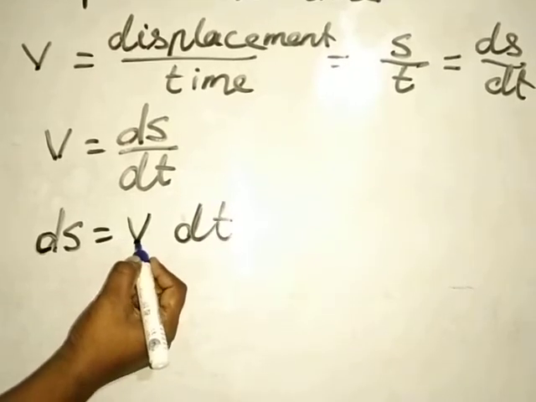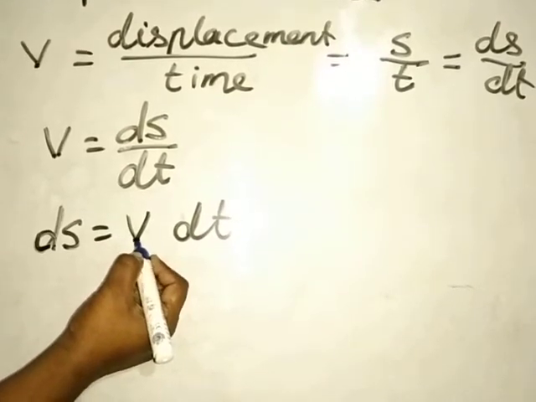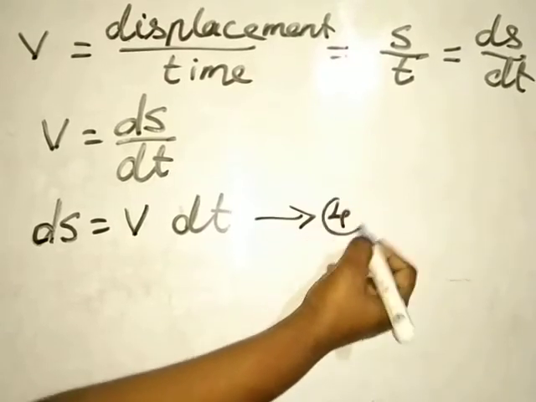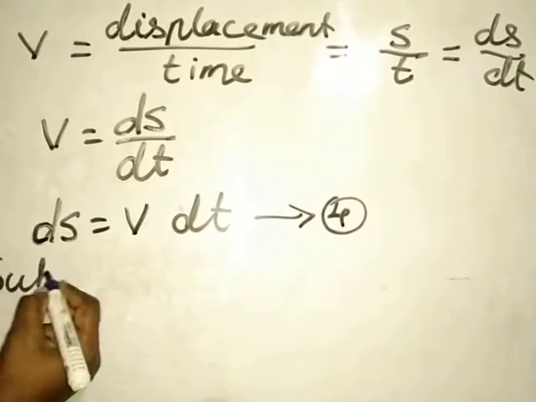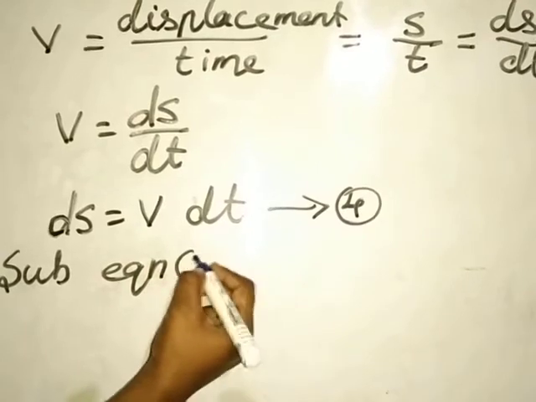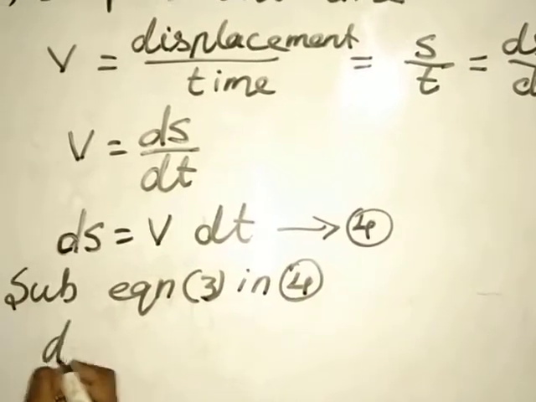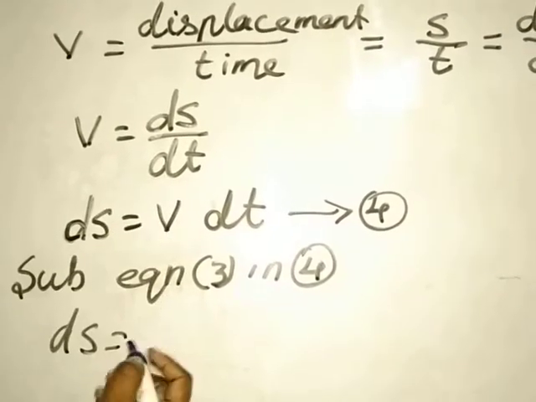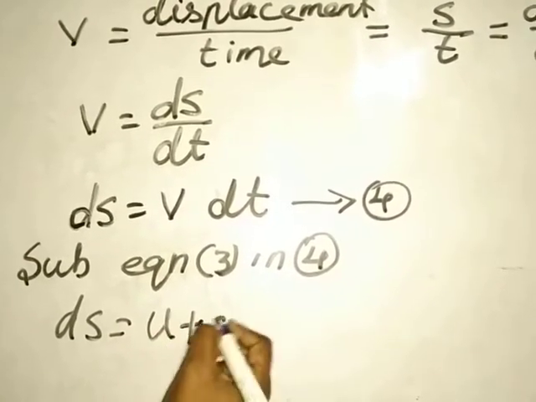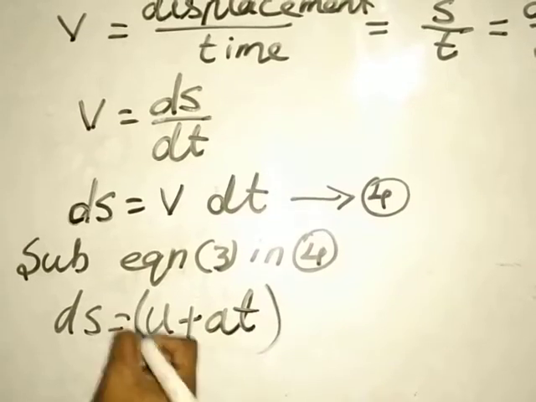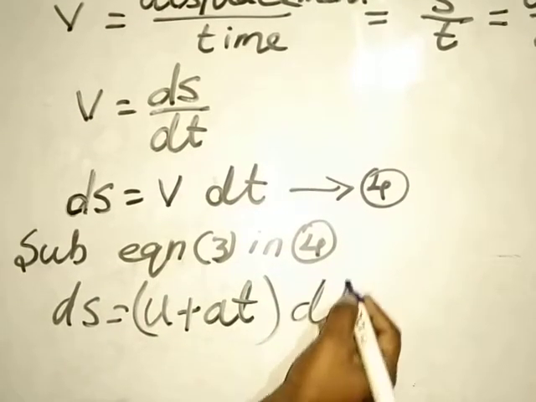The formula for v we already found in equation number 3. This is equation number 4. Now substitute equation 3 in 4. So ds equal to, the formula for v, u plus at, into dt.